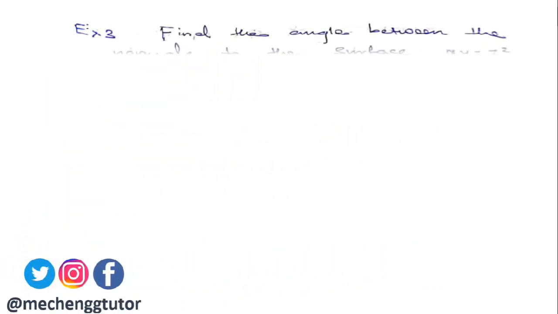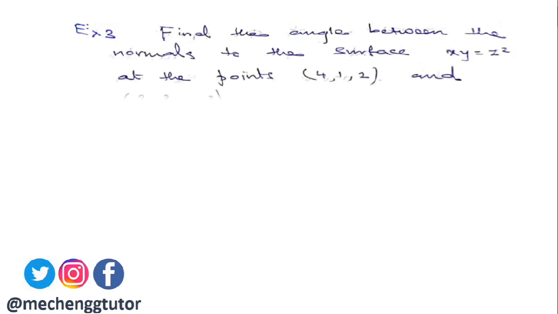Friends, now let us see one more example on this. Find the angle between the normals to the surface xy is equal to z square at the points (4, 1, 2) and (3, 3, -3). Friends, here just see carefully.